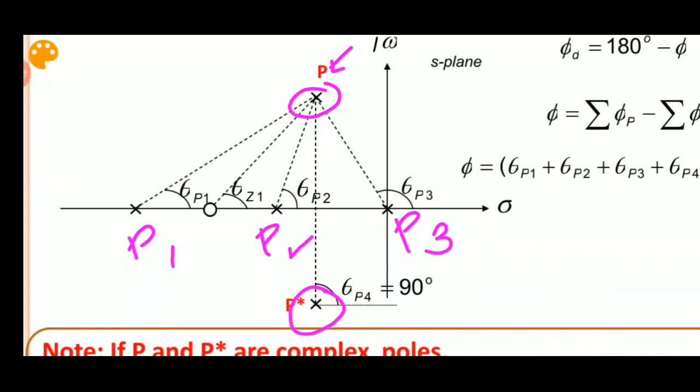Angle of departure is for complex poles, angle of arrival is for complex zeros. Now as I have a complex pole, I calculate the angle of departure. I can name the poles P1, P2, P3, and there is only one zero, which is Z1. Now what does the definition say?